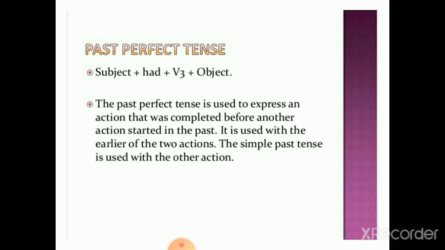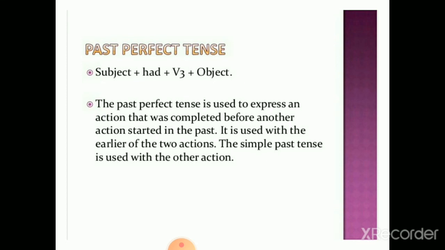We can take different examples. For example, the train had arrived before I reached the railway station, or the train had left when I reached the station. It means first of all the train had left, and after that I reached the railway station.